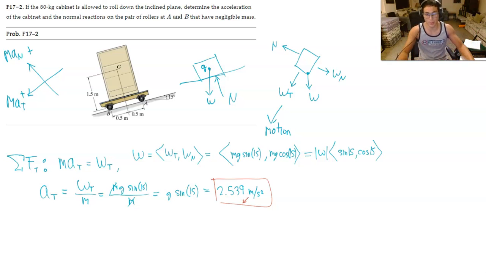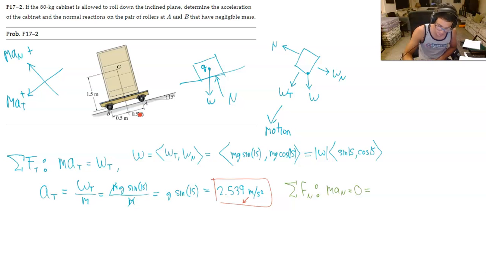We're almost done. We just need the normal forces. So for the normal forces, we can see that if we do the sum of the forces, not in the y direction, but in the normal direction, we have m a_n. And like I said, since this thing is not floating, it's not going anywhere in the normal direction, it's staying still. So it's at equilibrium with respect to the normal direction.